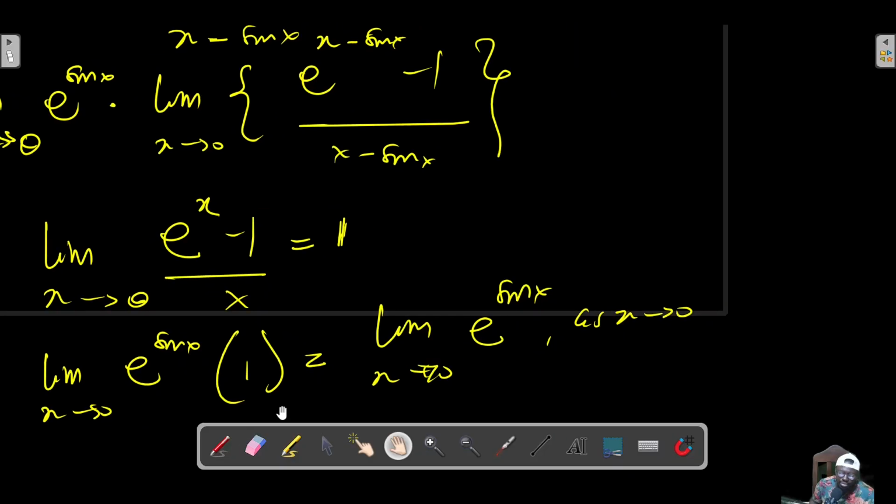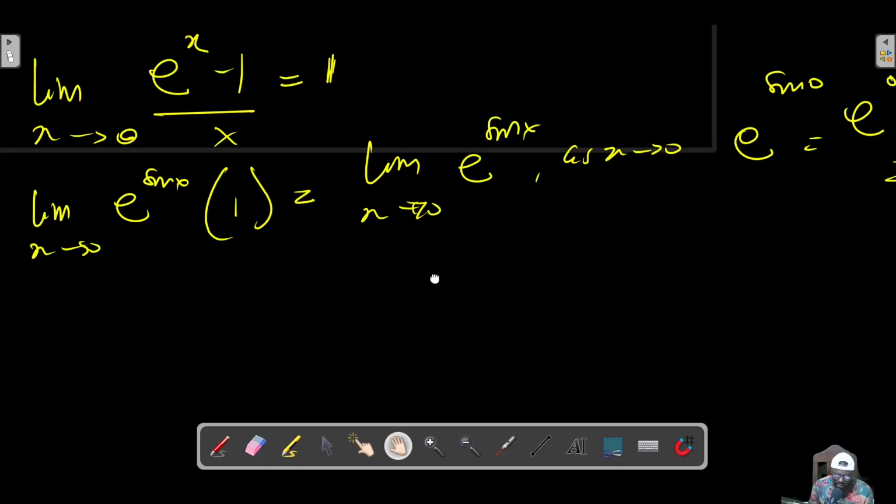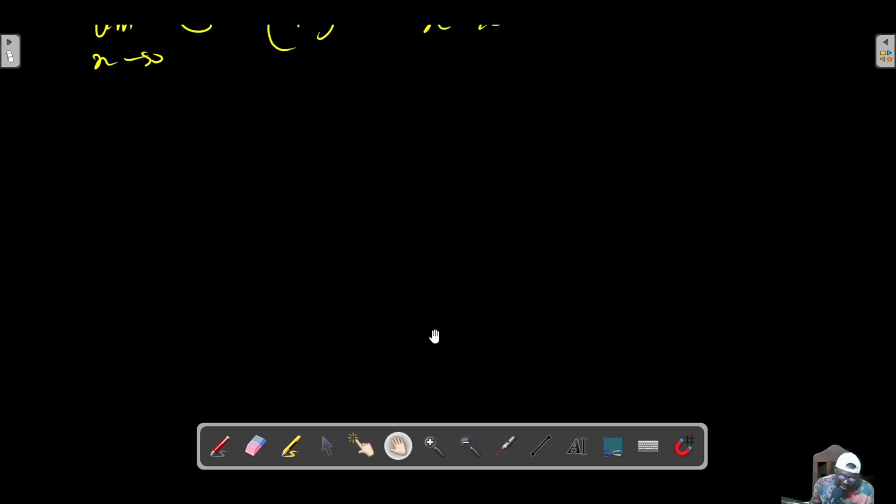The limit will be e raised to the power sine 0, and sine 0 is 0. Then e raised to the power 0 is just 1. So the answer for this limit is 1. This is quite interesting.